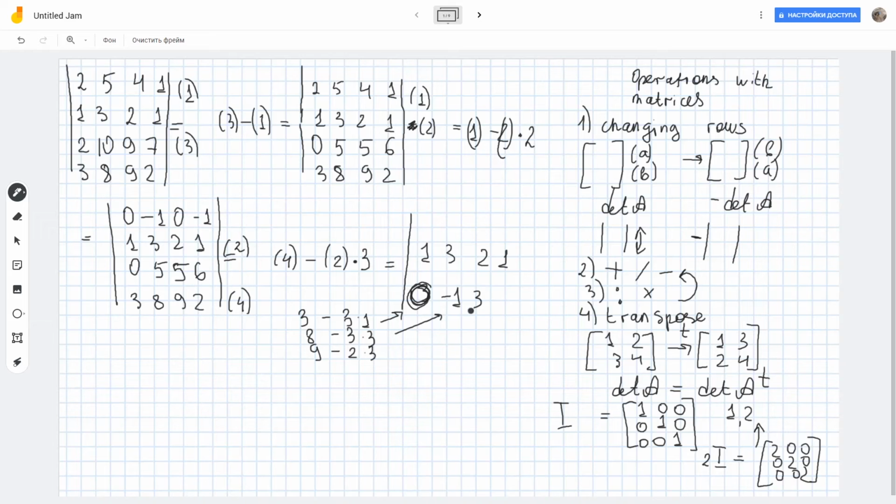It will be 3. And last we have 2 minus, oh sorry, it's 1 multiplied by 3. So it will be minus 1. So we keep these rows as they were.